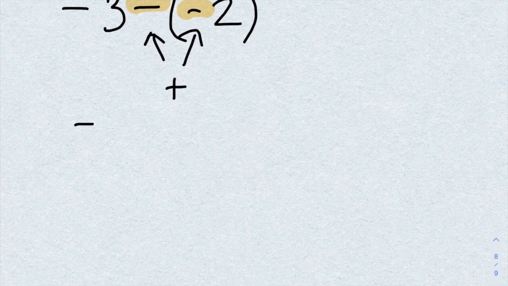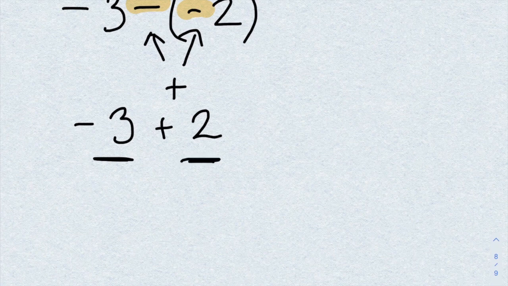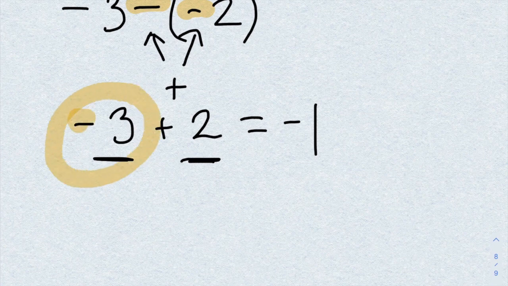So now my expression is negative 3 plus 2, or the opposite of 3 plus positive 2. So I'm going to end up with negative 1. Remember, when I add a negative and a positive, whichever is the greater number, I'm going to look at that sign to tell me what my sign is at the end.